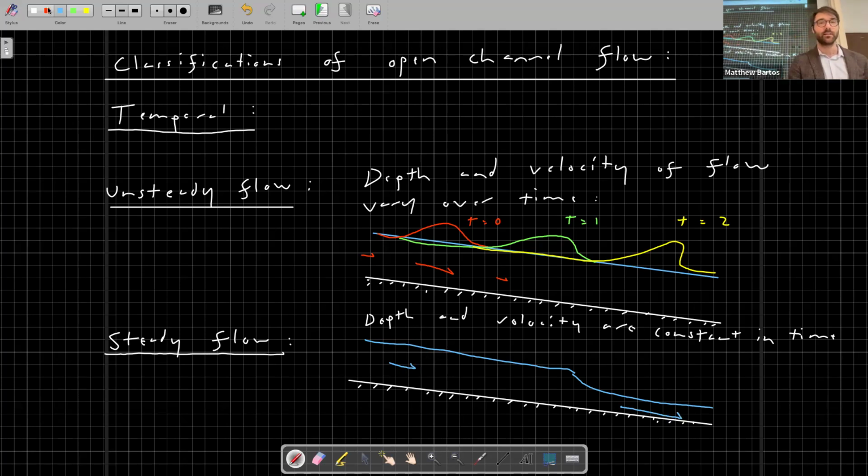And this is the case for all time. So this is for t equals 0, 1, 2, and so on. So for steady flow, you can have the depth and velocity changing in space, but in time they are constant. That's the case we'll be looking at in this class. Any questions on this classification?